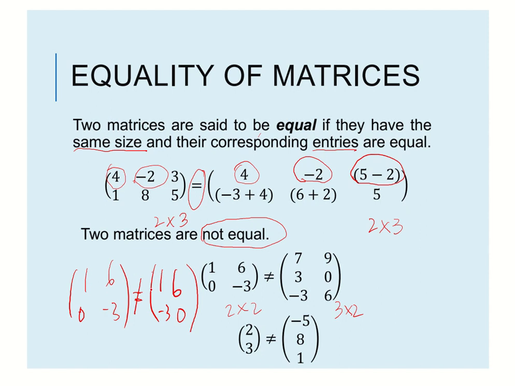This is 1, 1, 6, 6. Now, the second row, first column, for the matrix on the left-hand side is 0, but for the matrix on the right-hand side is -3. So the corresponding entries are not equal for the second row. So these two matrices are not equal as well.